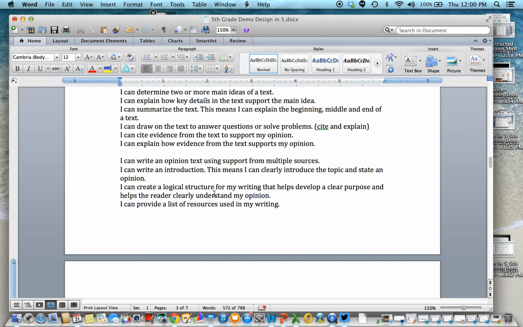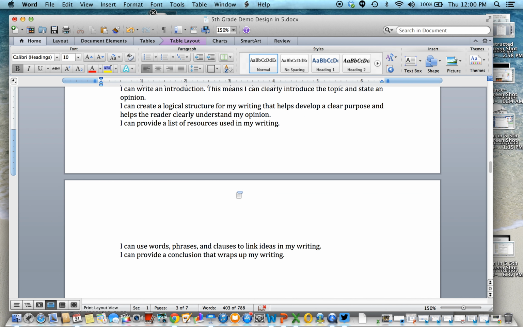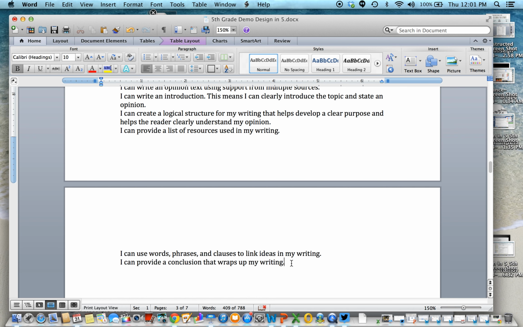Do we have anything in here that talks about students using other resources in their writing? I can write an opinion using support from multiple sources. So I think that will do it. We could also write this though.